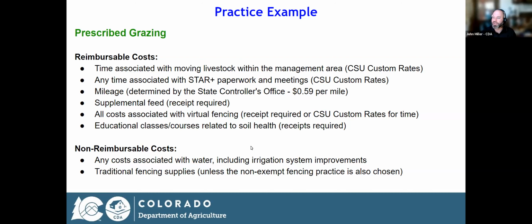So if they choose fencing and non-exempt, they can get funds for exterior fencing and cross fencing. However, choosing one non-exempt practice makes all the practices non-exempt, meaning they would now have to go through the CPA 52 process for the fencing and for the prescribed grazing, which is an exempt practice on its own.